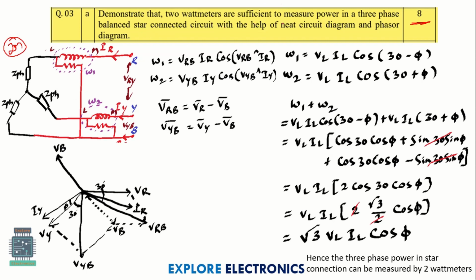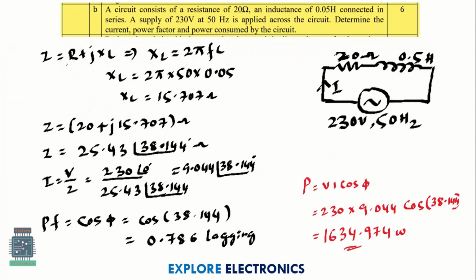And with a circuit diagram and phasor diagram, they said. So the phasor diagram carries 2 marks minimum. So the things you are going to derive will carry another 4 marks. So you need to write the clear circuit and mention where actually the voltages are, the terminal voltage, phase voltage and all clearly, so that you will get the maximum marks.